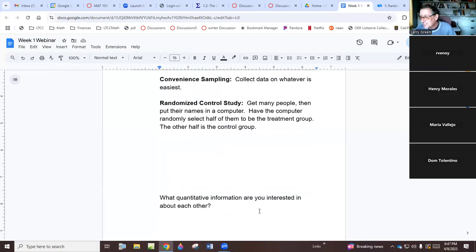All right, so let's do something just for fun. Okay. And it's the first person who has interest. I want you to write down in the chat box a survey question that we can ask each other, this group. And it has to be quantitative. So the answer better be a number that you're interested in learning about each other.